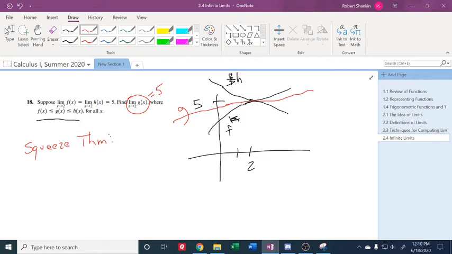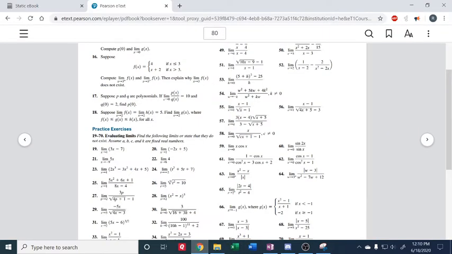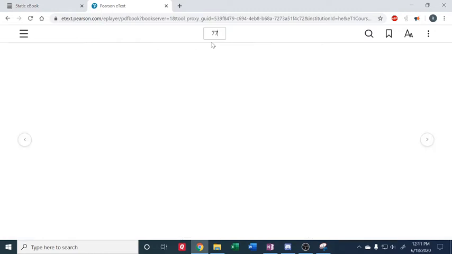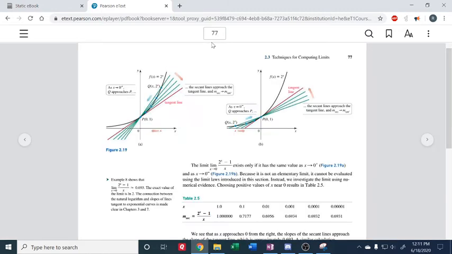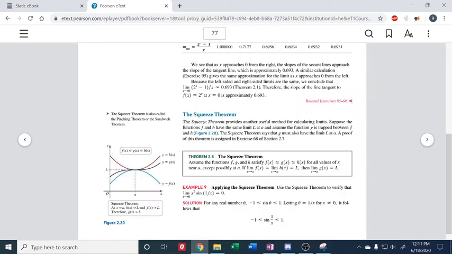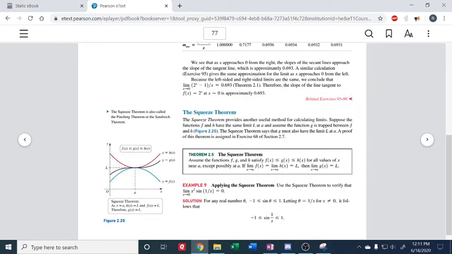And yeah, it's on page 77. So let's go over here. Squeeze theorem. And I'm going to even copy it and paste it here.